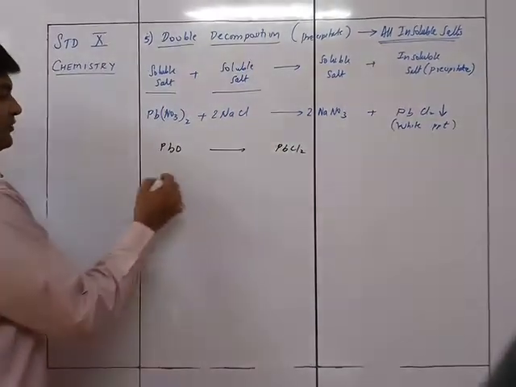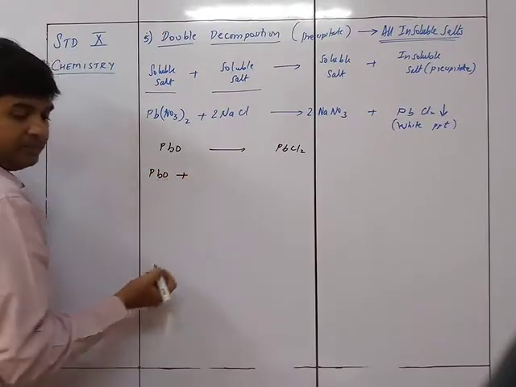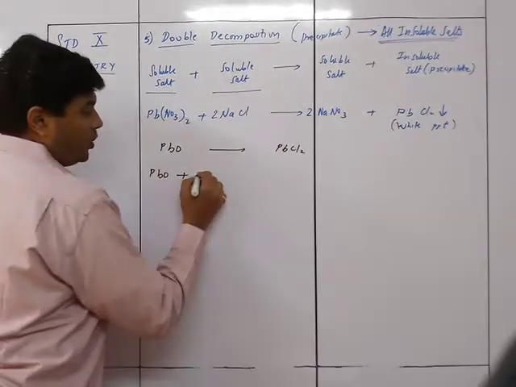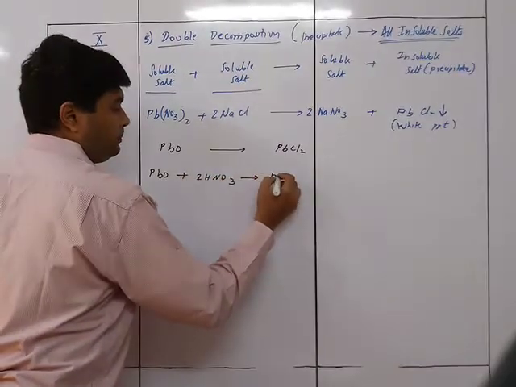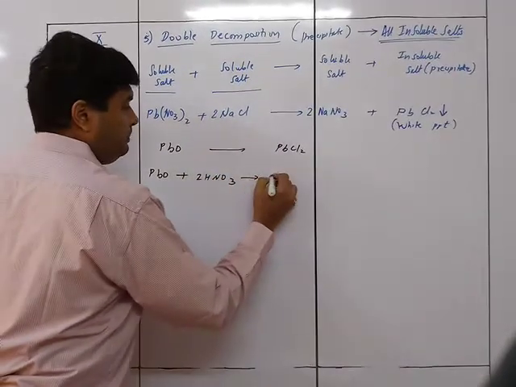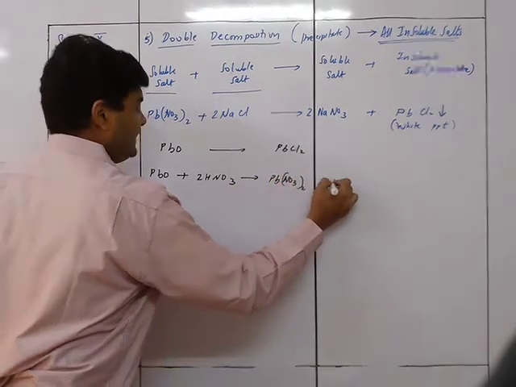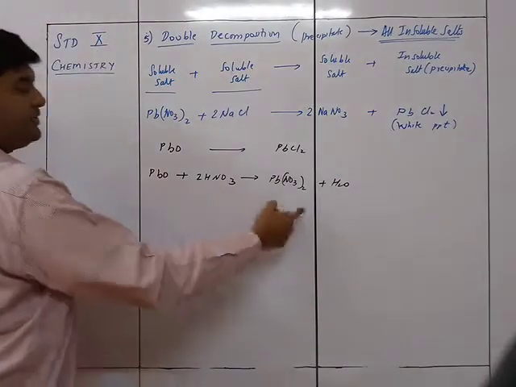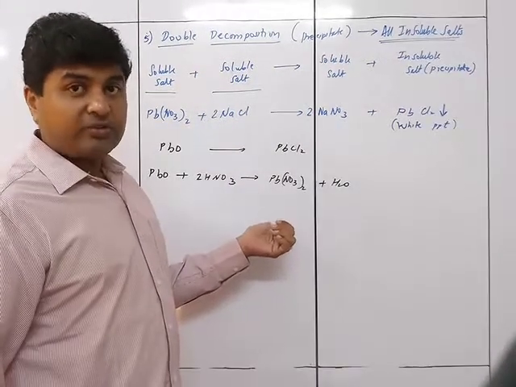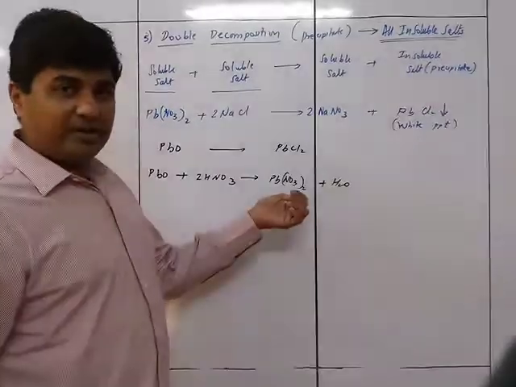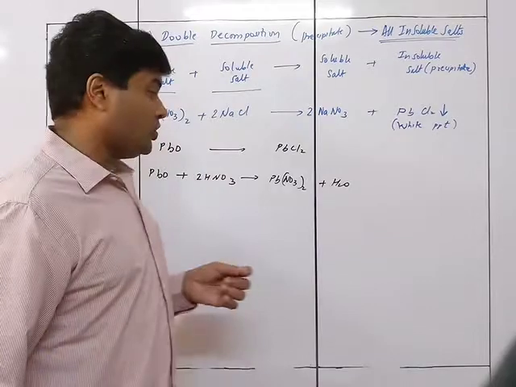So what I'll do is, first of all, react PbO with the acid. PbO plus 2HNO3 will give me Pb(NO3)2 plus H2O, because acid plus base gives you salt plus water. So this is definitely going to be formed because of the acidic property. So Pb(NO3)2 is formed. All nitrates are soluble, so this is going to be soluble.